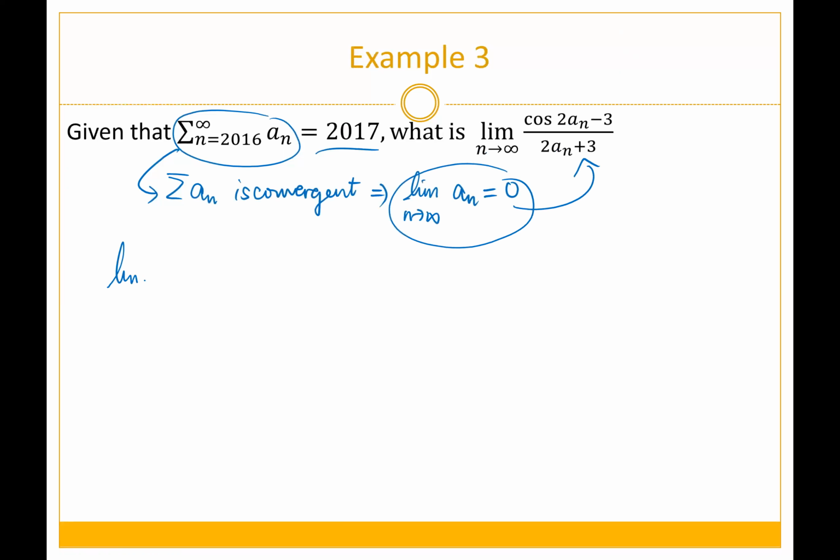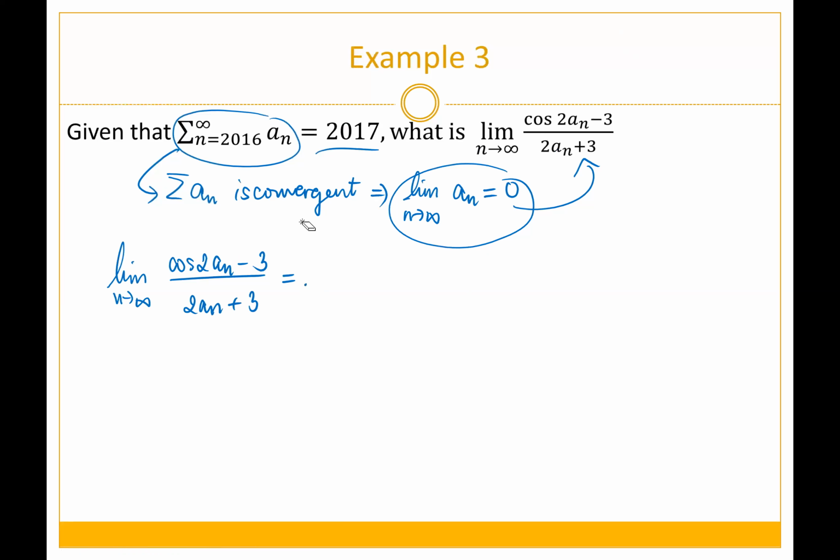So you have the limit of n approaching infinity of cosine of 2a_n minus 3 divided by 2a_n plus 3. So you're going to have cosine of 0. Is it 2 pi or is it 0?